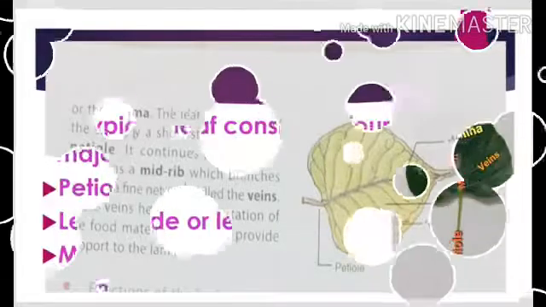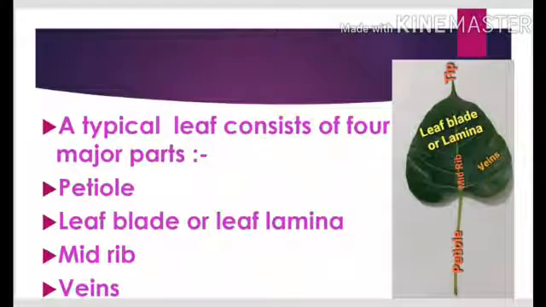Let's try to understand the structure of the leaf once again with the help of the picture pasted there. The short structure by which a leaf attaches itself to the stem is known as petiole. See where I wrote petiole. That whole part is known as petiole. This petiole continues through the broad green part, and that is called the midrib.